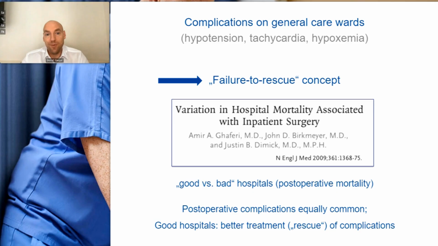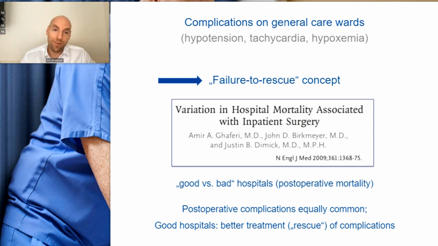And I think that we need to completely revise this concept. We need to focus much more not on how we rescue the patient when there is already a code blue alarm or a cardiac arrest, for example, but on how good we are at early identifying and detecting complications through alterations in vital signs.